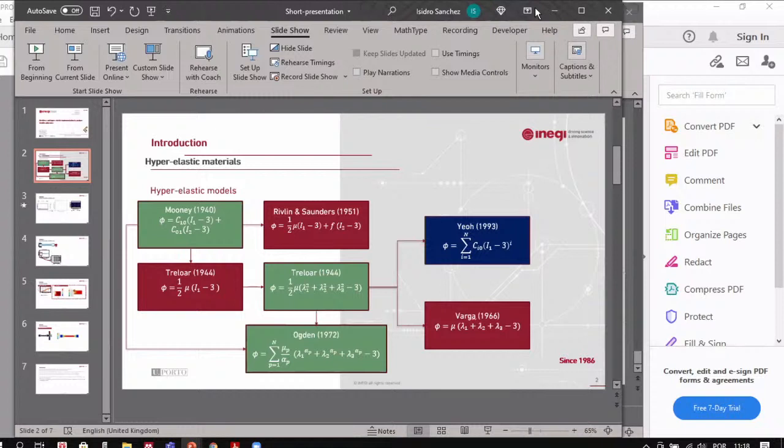So in this case, we chose the Ogden model. As we can see in this slide, all of them are represented as a function of the principal stretches of the strain tensor. So by implementing only the Ogden model, we can model the neo-Hookean and the Mooney-Rivlin just by adjusting the constants. Therefore, it's easy to implement and easy to apply.